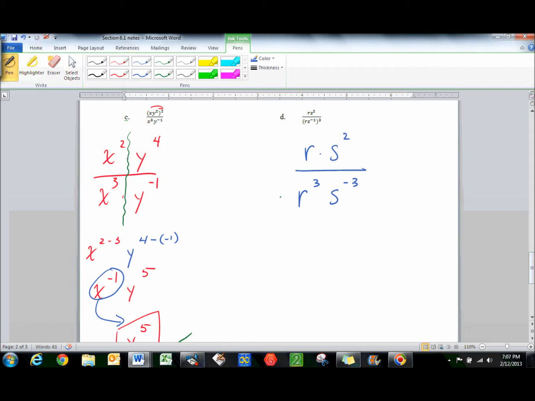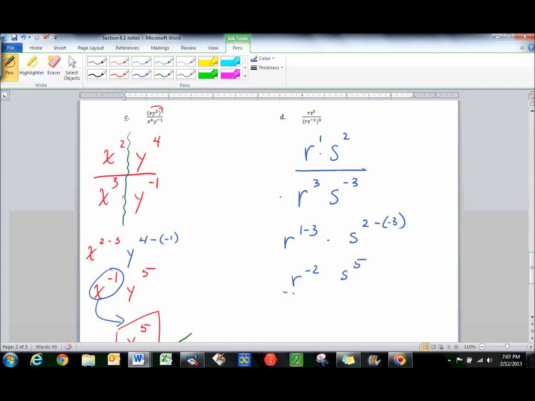And you could, if you wanted, move the s to the negative 3 up and then add the exponents, or you could simply subtract and understand that this is r to the first power. That's an understood value. So that's 1 minus 3. And then, of course, s is 2 minus a negative 3. And so I'm left with r to the negative 2 times s to the 5th.